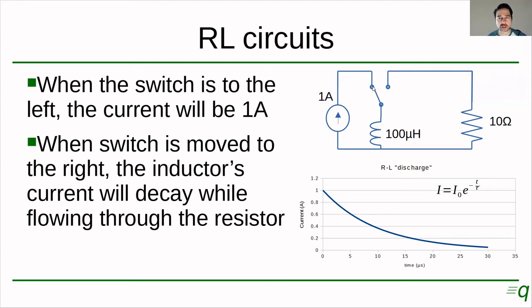When we switch this to the right, we will still have 1 amp flowing through the inductor, because inductors oppose changes in current, as we saw, okay? So for a while, we will still have 1 amp flowing here.